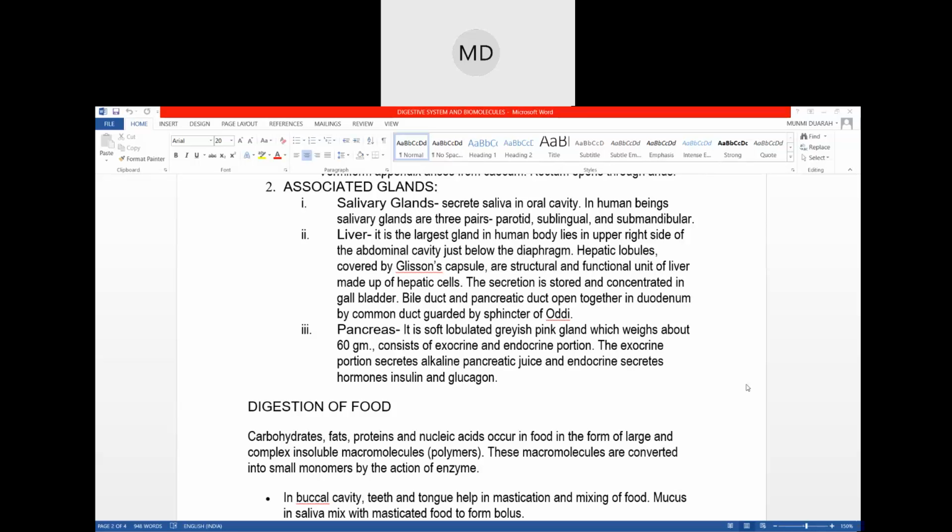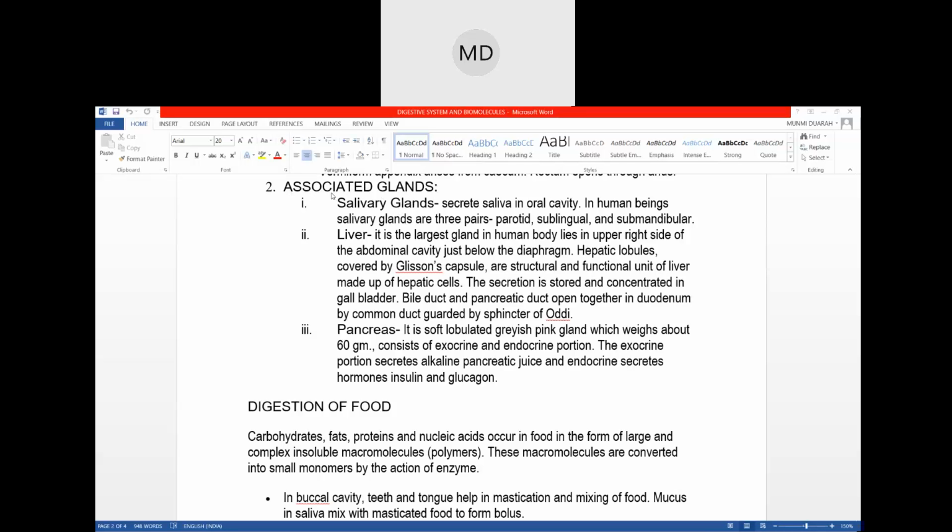Heterocrine glands are a combination of endocrine as well as exocrine gland. That was already discussed in the previous chapters. If you have attended the class, you will know.